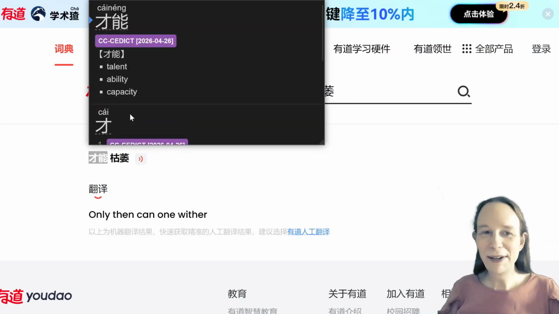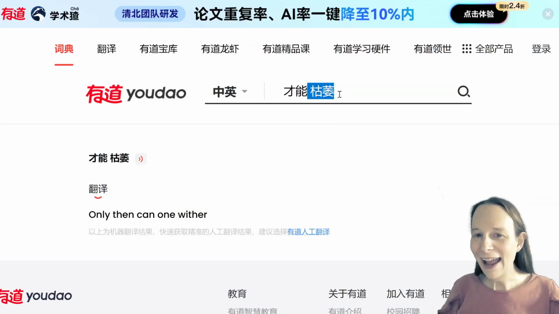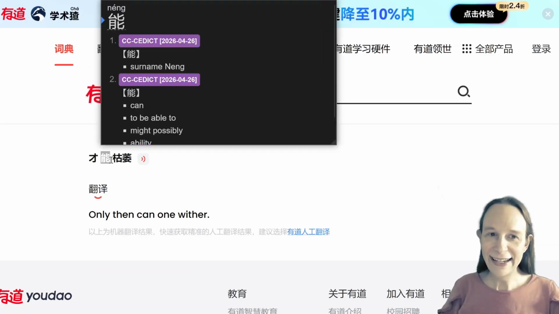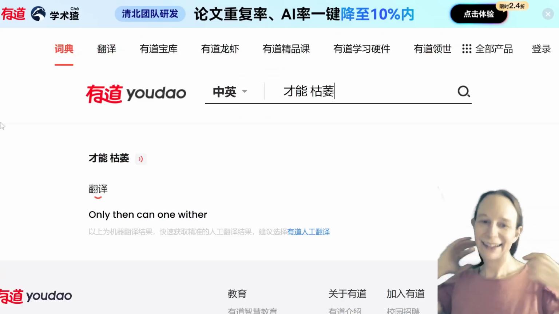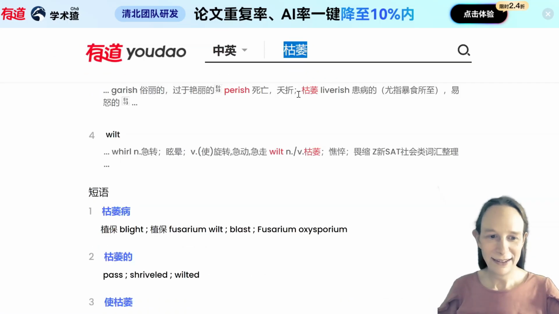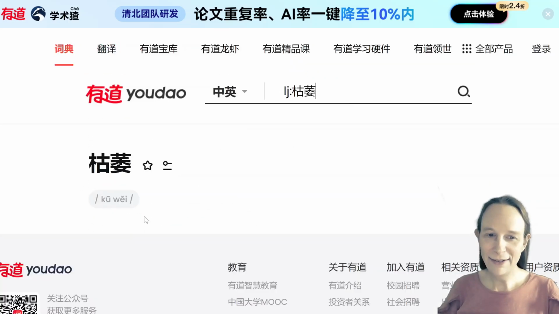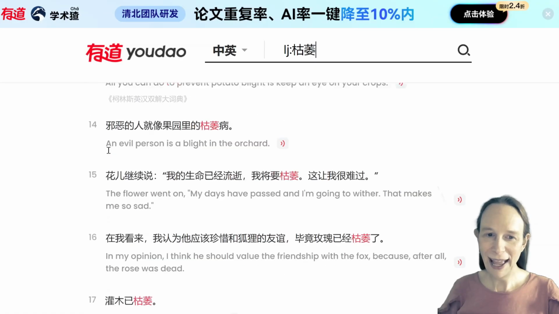But 才能 is a bit of an issue because it does have this noun usage, and there's also 才能 meaning and only then. But in that case, those are separate words, 才 and 能. Yeah. So what things can wither? It seems like other things can wither. Flowers, roses, flowers. I think, yeah. Maybe it should just be plants.